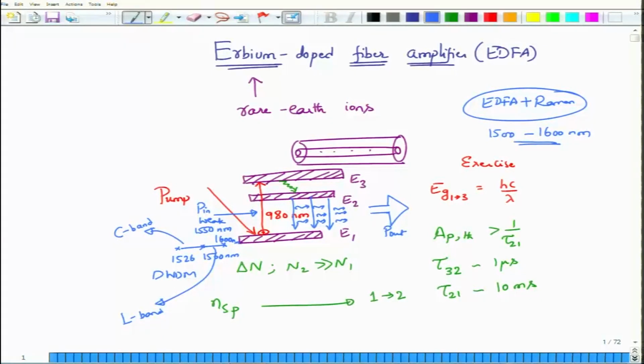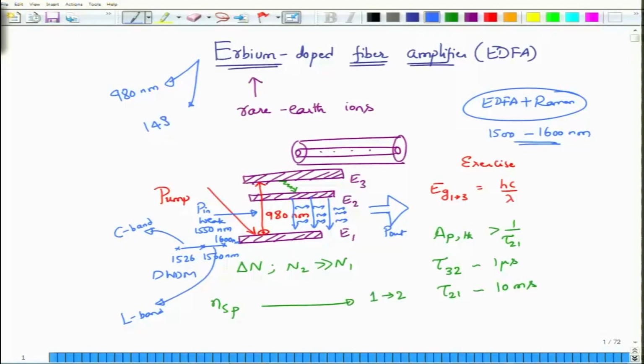Okay. The pumping that is used is 980 nanometer. Of course, that is not just the full story here. We are going to look at a little more detail on erbium doped fiber. One of the things that you should remember is that erbium doped fibers can be pumped at two different wavelengths. One is 980 nanometer, which is most efficient, will result in larger gain and results in shorter amplifier lengths, that is shorter fiber lengths, in order to realize the same gain.